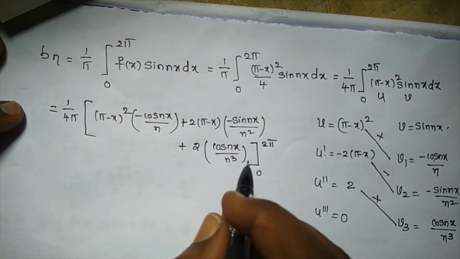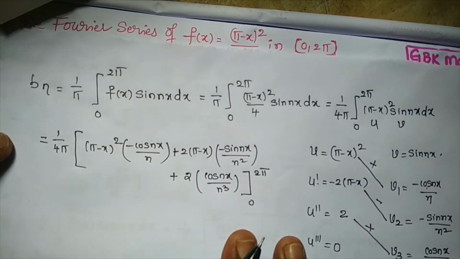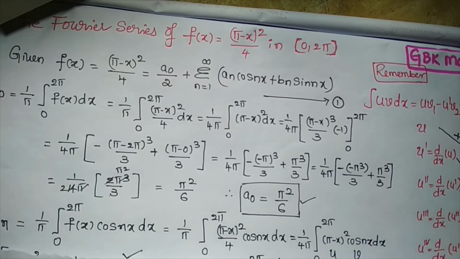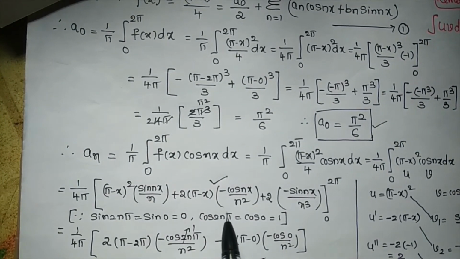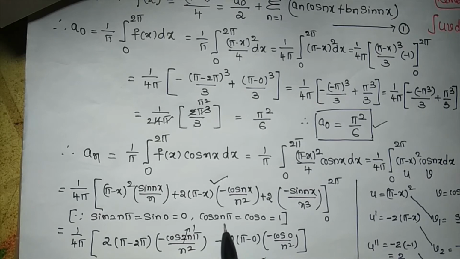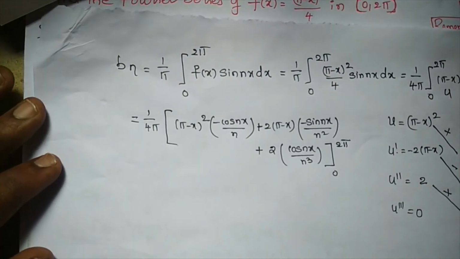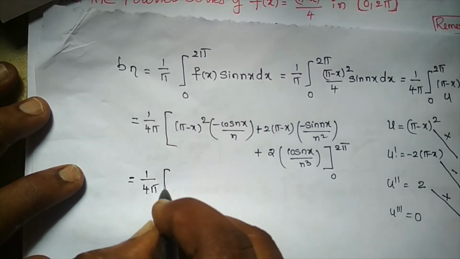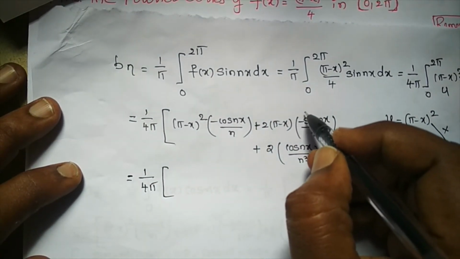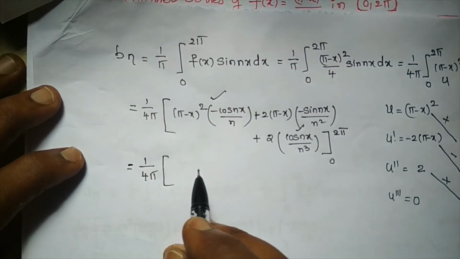Here also we can neglect the sin terms, because we already have the formula I have given: sin 2n pi and sin 0 are 0, cos 2n pi and cos 0 are 1. So the same formula we can apply here also. That means only I am taking the cos terms, these two terms, and the remaining are zeros.